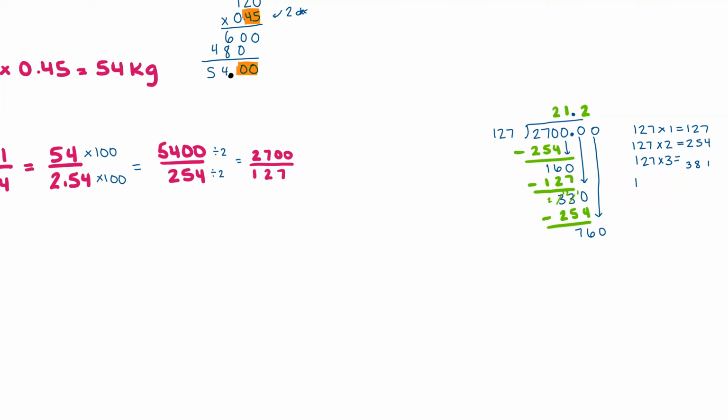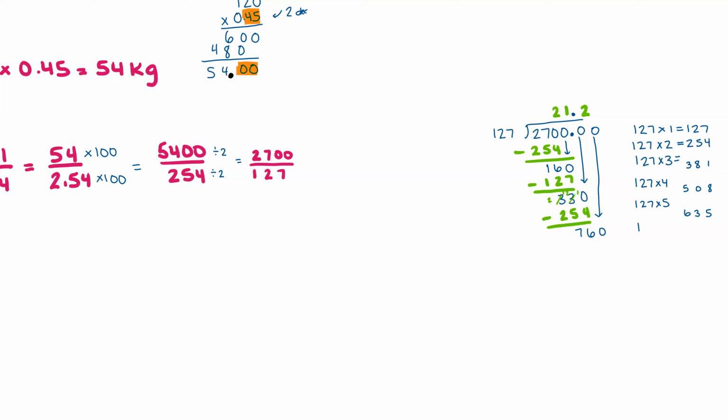And then 127 times 4. So I would add another 127. So 507. Sorry, 508. And then 127 times 5. So again, I'm just adding 127 again. So 15, 3, 6. So 635.